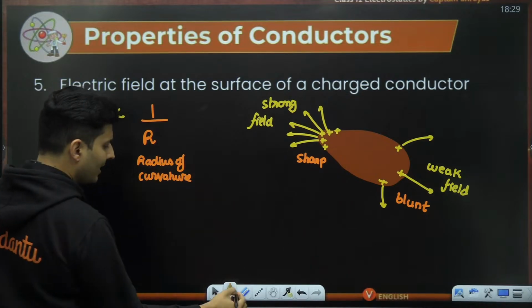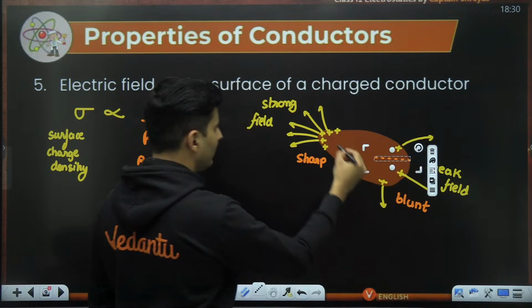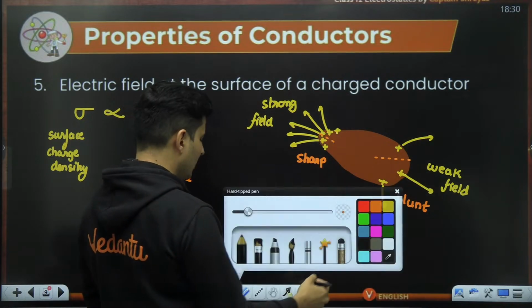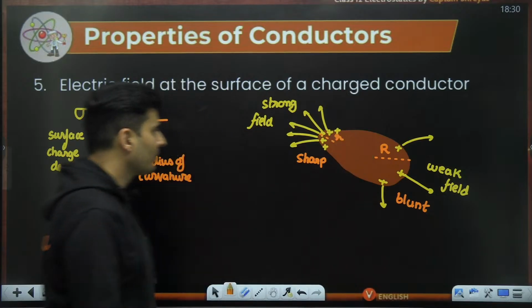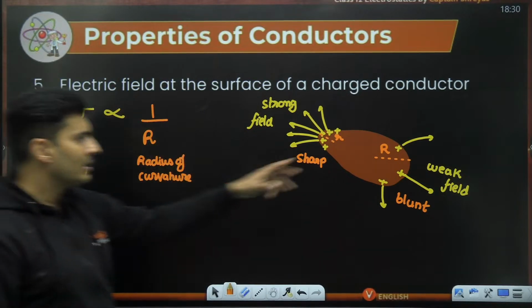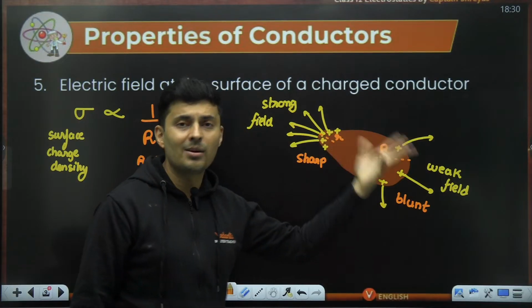As you can see over here, my dear warriors, this is the radius of curvature versus this radius of curvature, right? Over here, the radius of curvature is more, here it is less. So when R increases, as you can see at the blunt surface, the surface charge density becomes less.